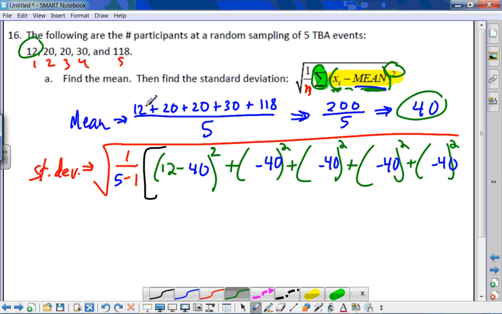Next individual x value after 12 was 20. And then 20 again. And then 30.